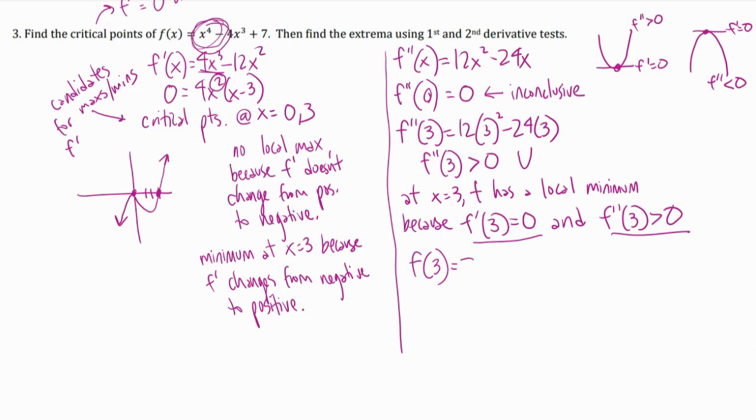We plug in 3, we get 81 minus 4 times 27 plus 7, which is 81 minus 108 plus 7. That's 81 minus 101, which is going to be negative 20.